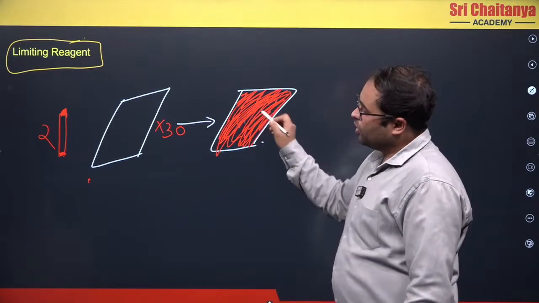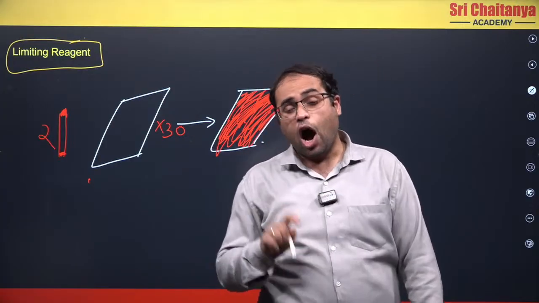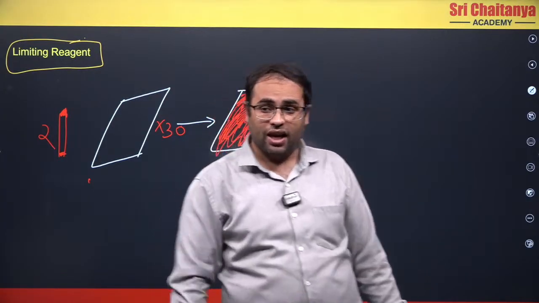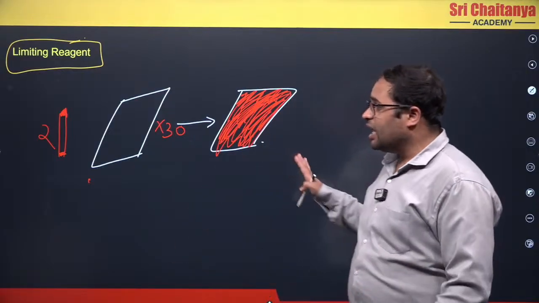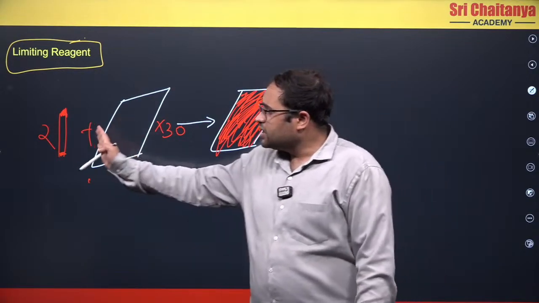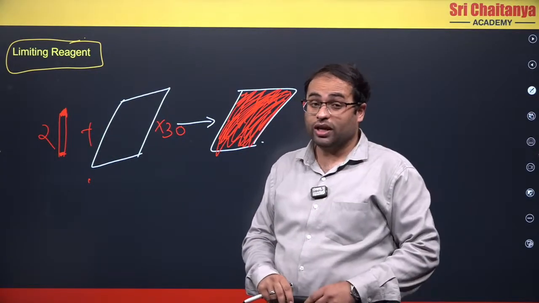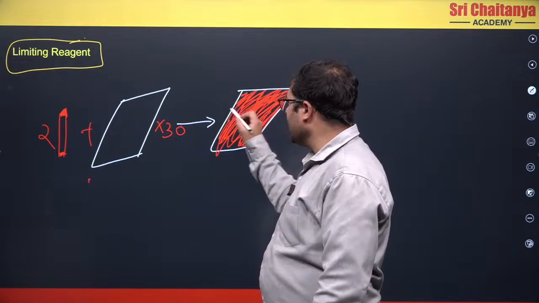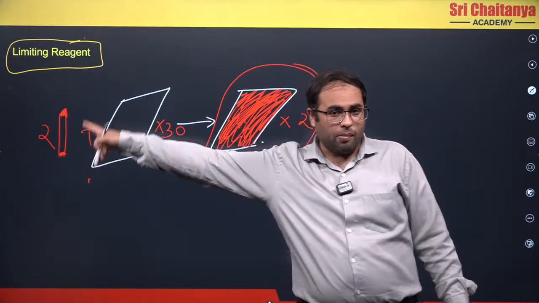So if I have 2 crayons and 30 sheets of plain paper, how many colored papers can I get? Simply, it is the crayon which decides how many colored papers you will get. You will basically get just 2 colored papers because the crayon number is 2.